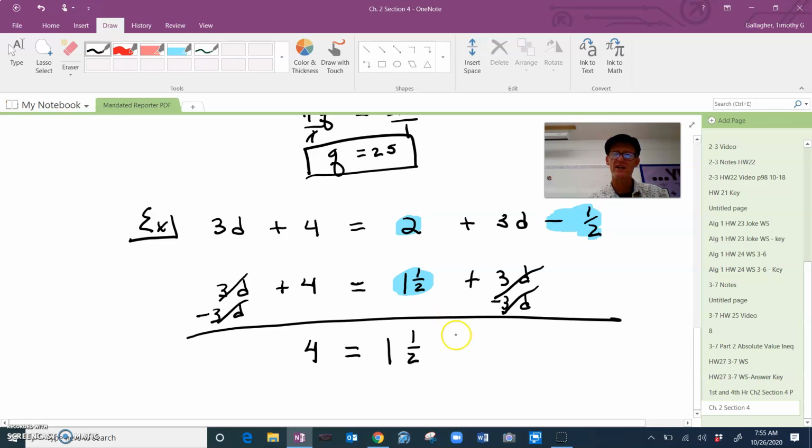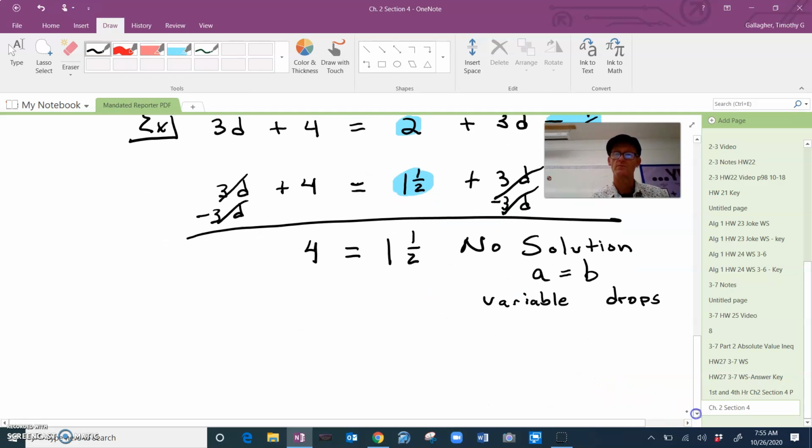So we say this is no solution. When the variable disappears and you get unequal numbers, it's no solution. The variable drops; in this case, d went away.